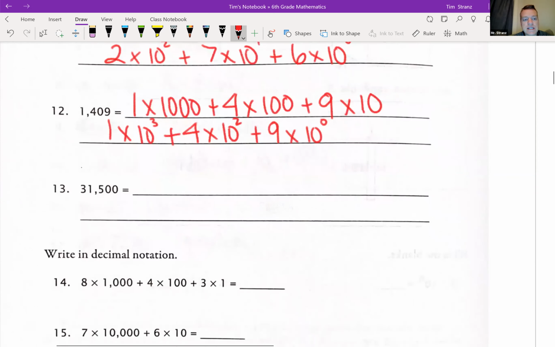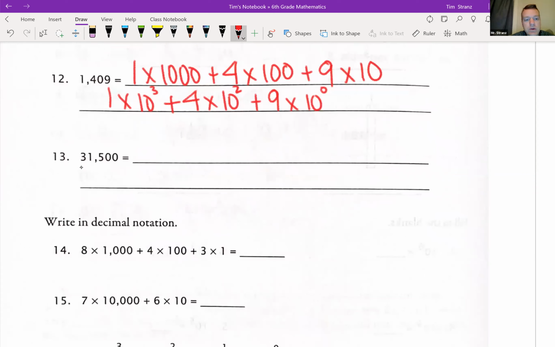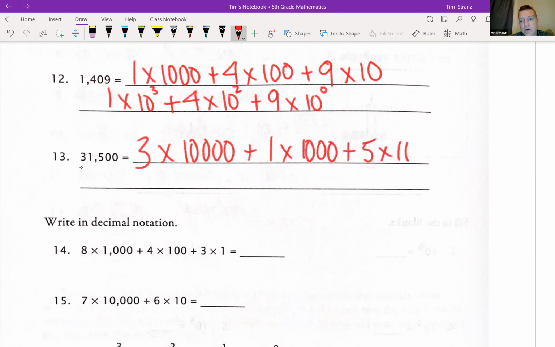Okay, number 13, 31,500. We got 3 times 10,000, which represents the 30,000, plus 1 times 1,000, plus 5 times 100.